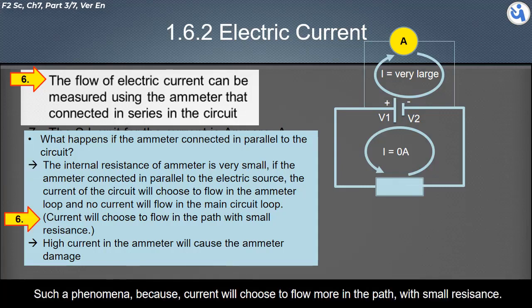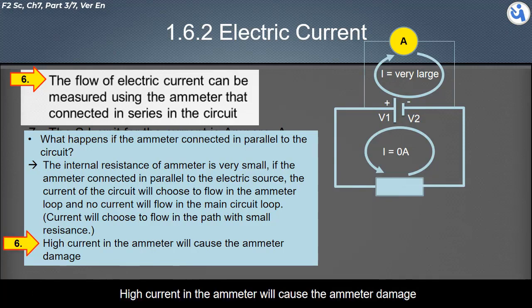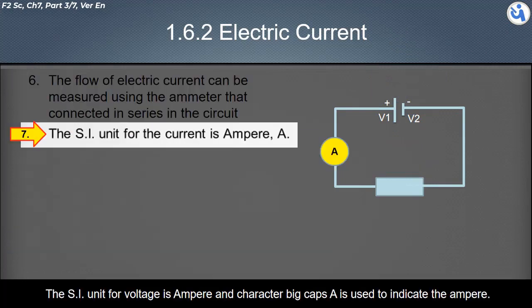Such a phenomenon occurs because current will choose to flow more in the path with small resistance. High current in the ammeter will cause the ammeter damage. The SI unit for current is ampere, and the capital letter A is used to indicate the ampere.